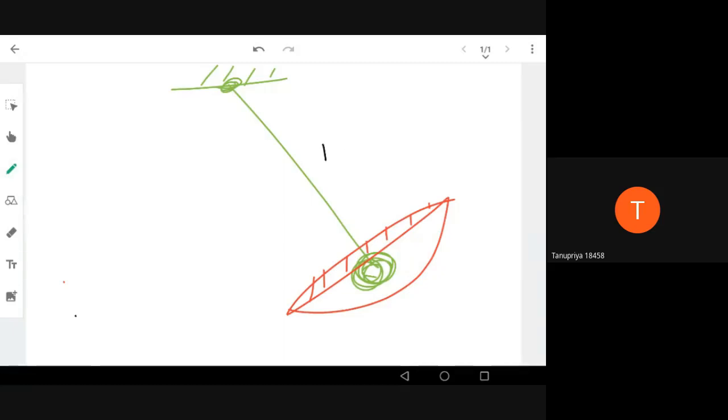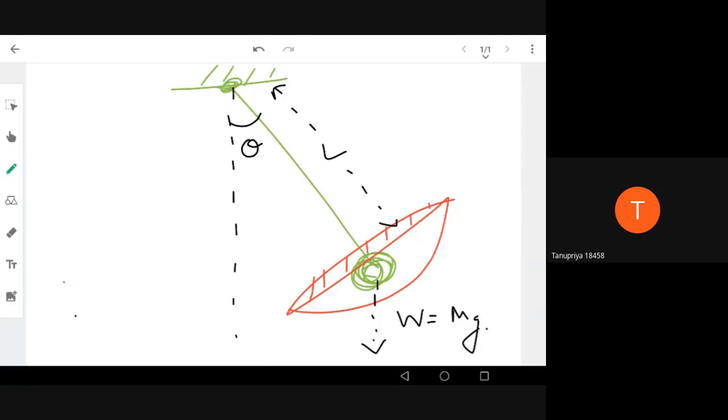One is the length of the pendulum. Another is mass, or weight, nothing but mg. And we have some angle theta. This is another important parameter: how much angle the pendulum has to turn.